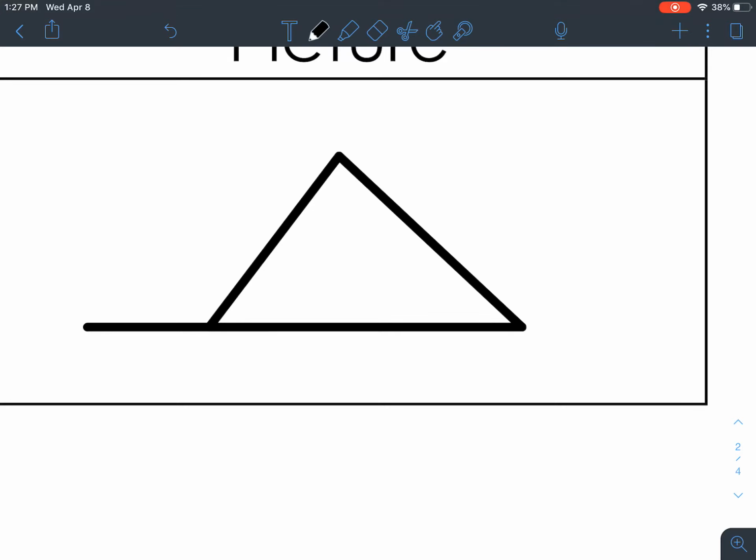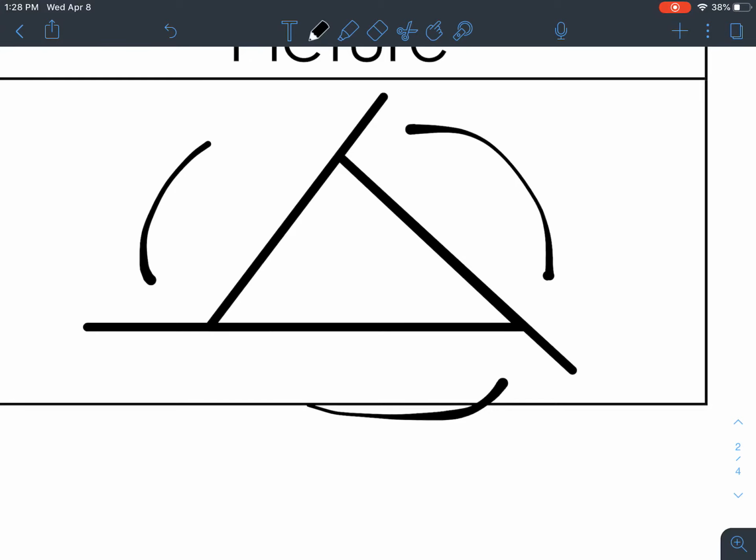But you want to make sure it's almost rotational when we're drawing all of them. So now I'm going to draw this one going out this way, and then we're going to continue on. Do you see how they almost rotate around? None of them are stopped by one another.